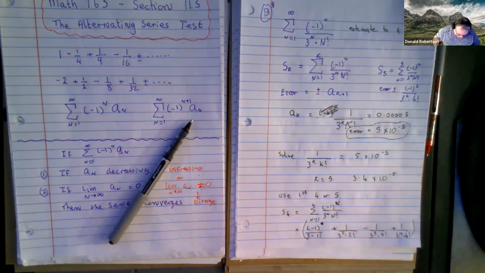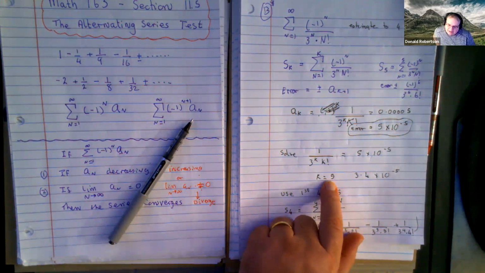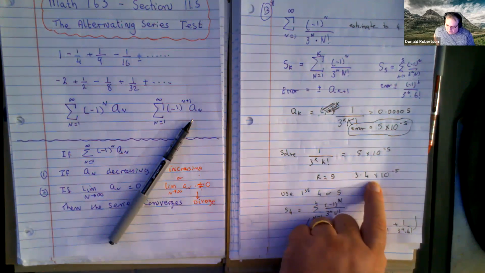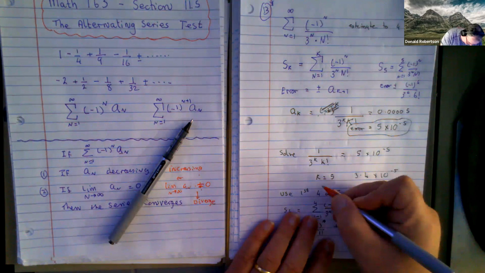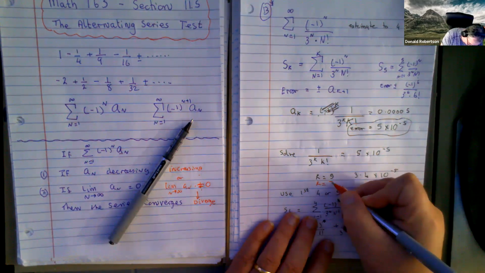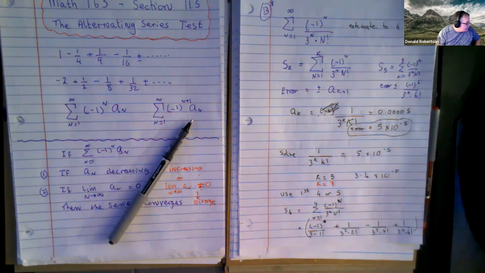Now, can we pretend for a minute that I didn't guess right on the nose on my first guess? Let's suppose I guessed k equals 7, just for argument's sake. Now, I'm just going to go in and do it in the calculator. So you just have to trust me, I'm putting these numbers in the right place. So I'm going to do 1 over 3 to the 7 times 7 factorial.